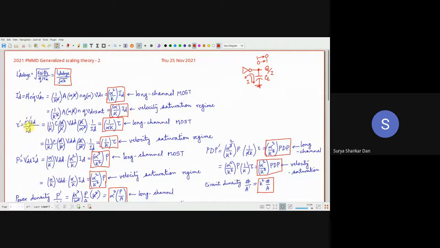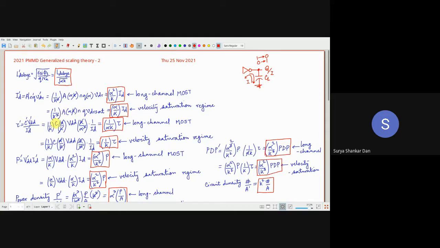So what are the scaling parameters? Tau, C, VDD, and ID. All of them will scale, correct? So what you are left with is the capacitance scales. Remember, this capacitance is terminal capacitance. In our previous lecture, we had seen it is 1 upon K, right?